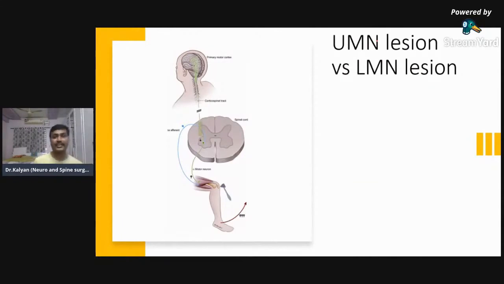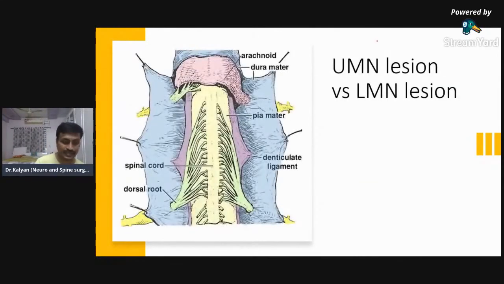So again, coming to the UMN lesion and the LMN lesion. But before I go there, one thing I want to do is make the concept of a spinal segment clear. Okay, let me draw something. I will draw one spinal segment. As I've told you, all these nerve roots are coming and joining to form one spinal nerve.